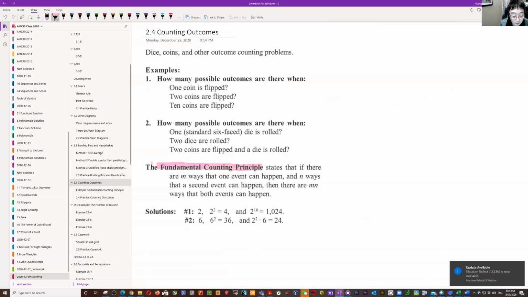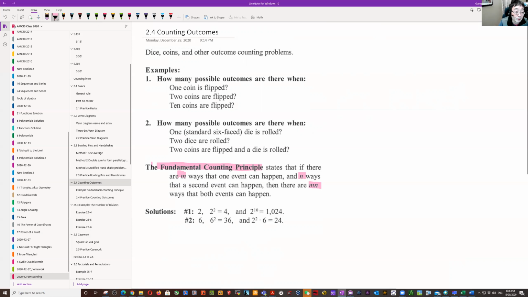The fundamental counting principle states that if one event has m ways, and a second event has n ways, then there are m multiplied by n ways if both events are to happen.